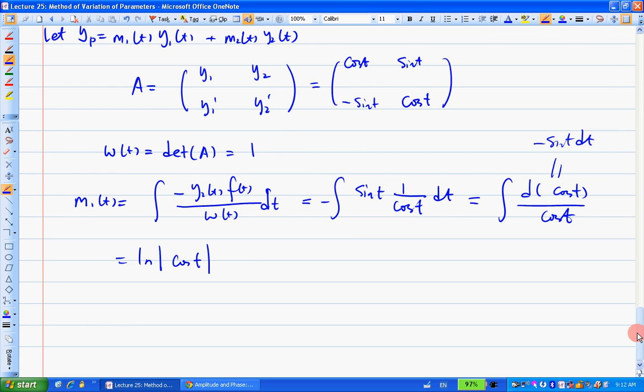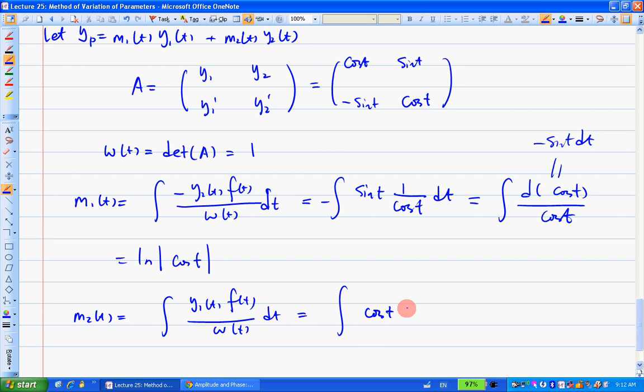And m2 is the integral of y1 f(t) over W(t) dt. That's cosine t times 1 over cosine t dt. Well, that's even better, so we get t.